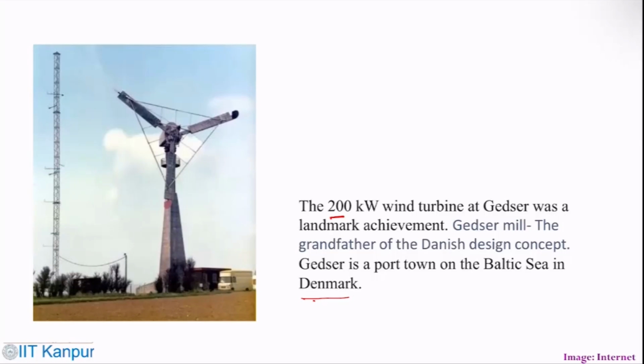This Gedser mill is the grandfather of the Danish design concept. Gedser is a port town on the Baltic Sea in Denmark. This was the first landmark turbine producing 200 kilowatt of power, which was definitely a remarkable achievement in that sense.